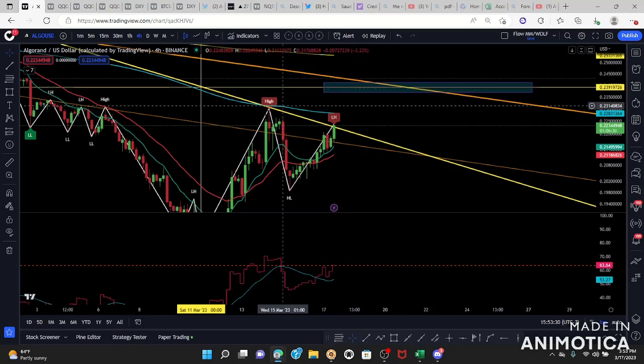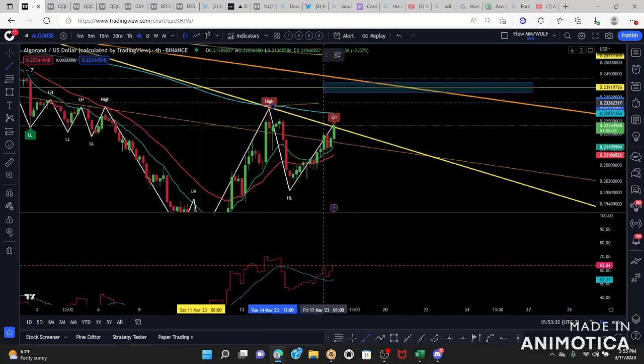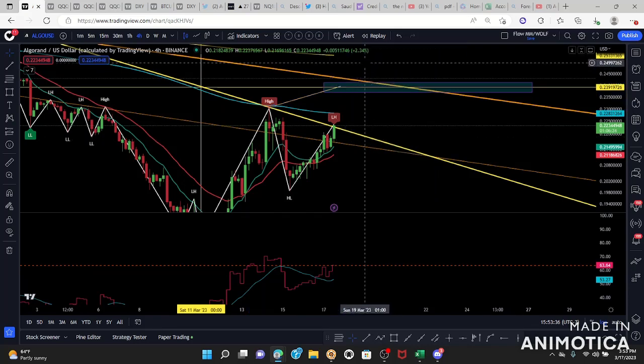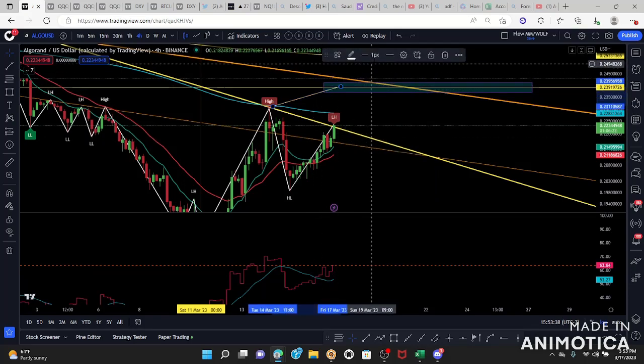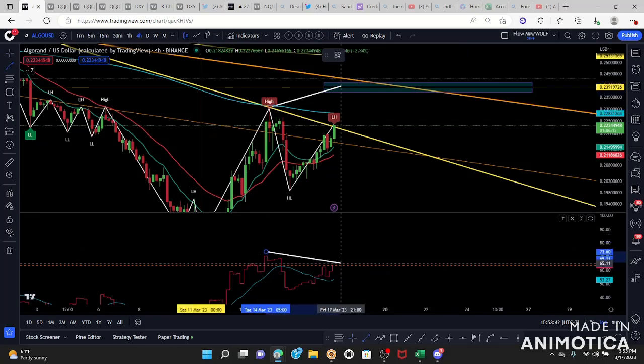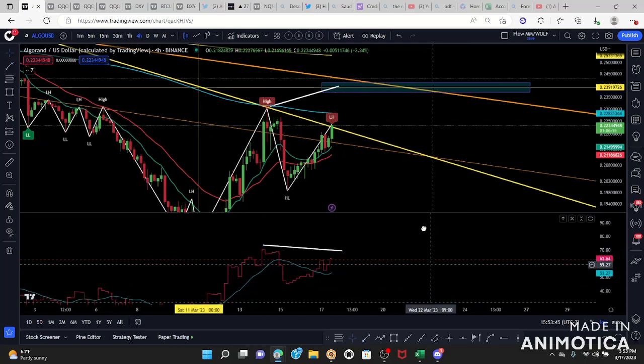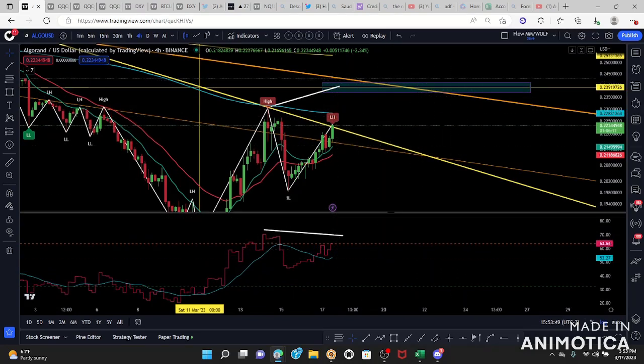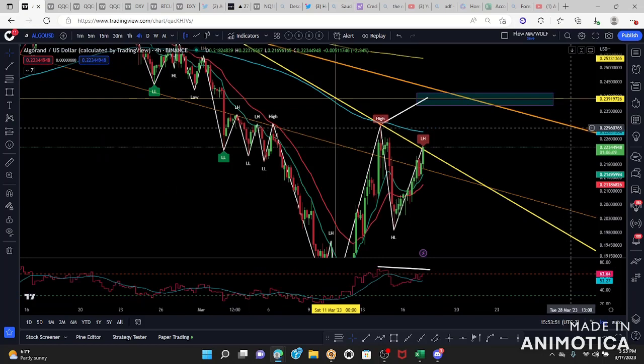Okay, so if we get this push to the upside, right, we could have a double top like here, right here. Let me highlight it for you, right? And if we keep the RSI down, they'll give us bearish divergence. So that's what I think is going to happen right now.